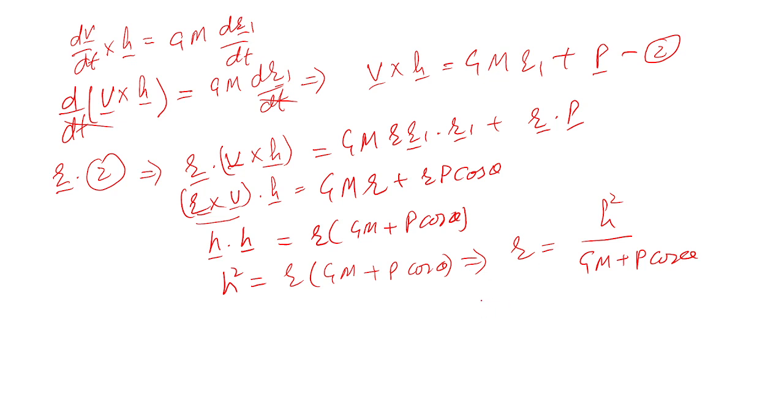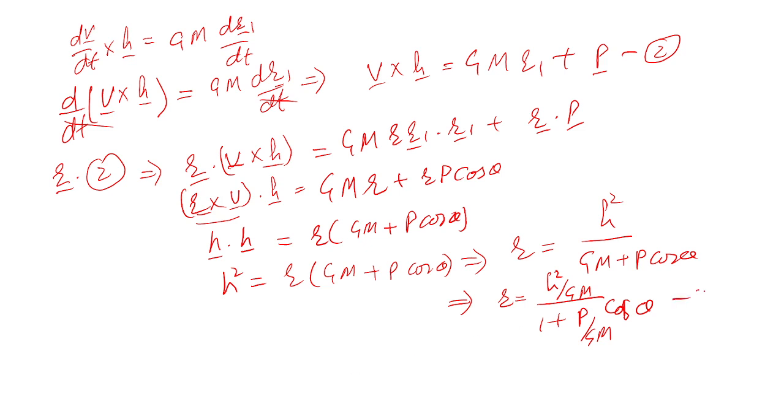I can write this equation as R is equal to h square over GM, over 1 plus P by GM cos theta.